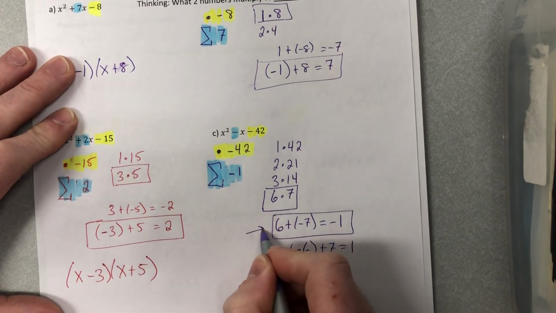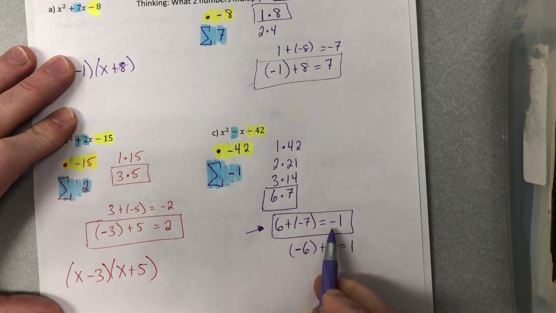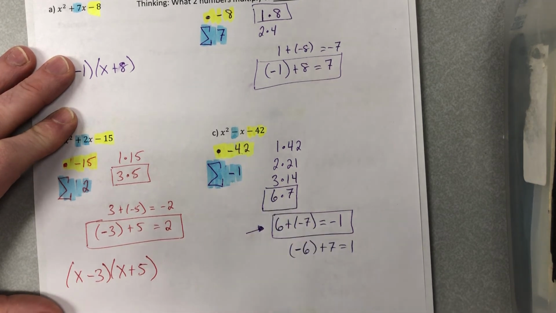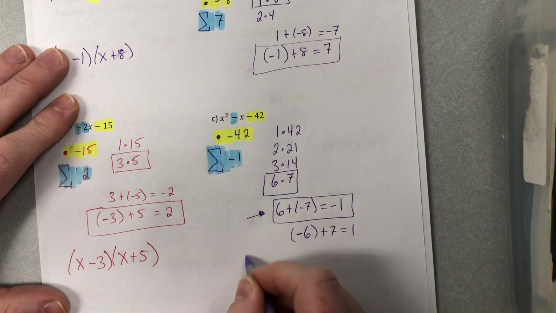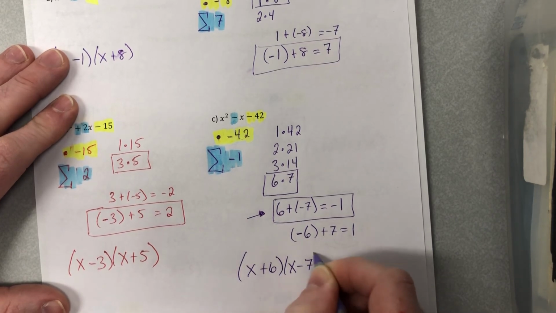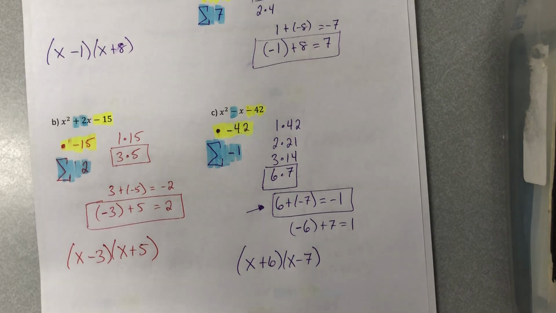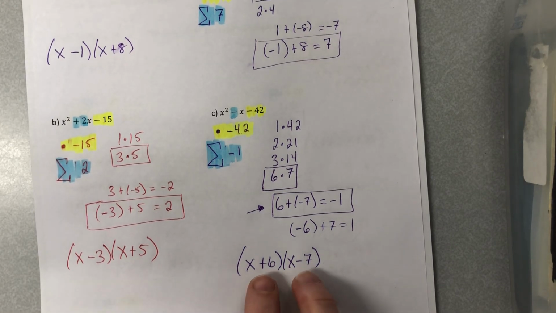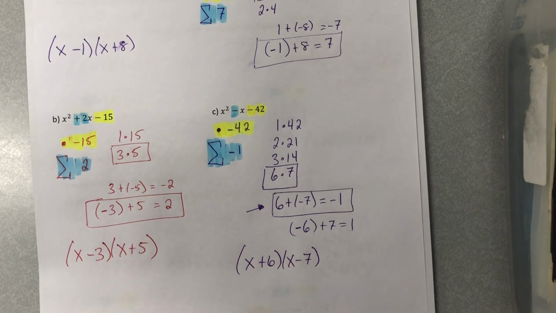Because I have my difference of negative 1, and they multiply to negative 42, my parentheses are x plus 6 and x minus 7. Once again, the order of the parentheses doesn't matter, but the numbers and the signs in them do matter.